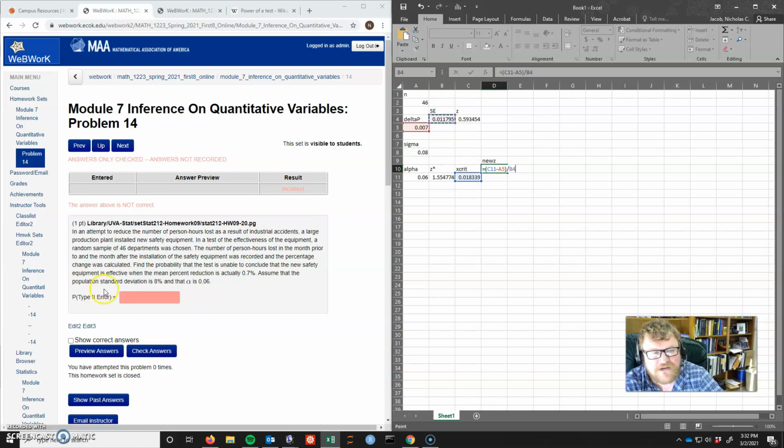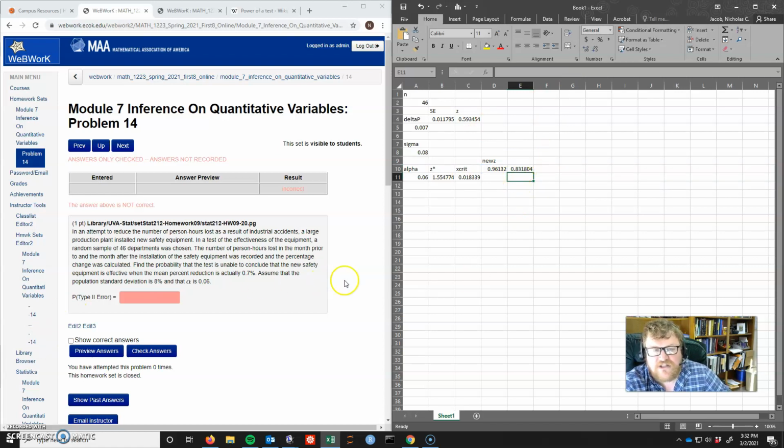It becomes really important here that this was the population standard deviation. And that'll give me a new z, and from that new z, I can compute a probability. So I will do a norm.s.dist, and I will give it this new z, and I will let it be true, that it's cumulative. And I'll get something like 83%.